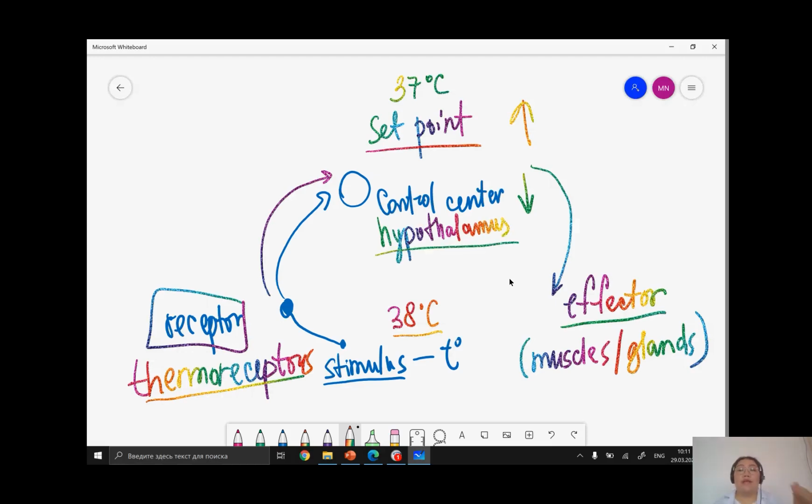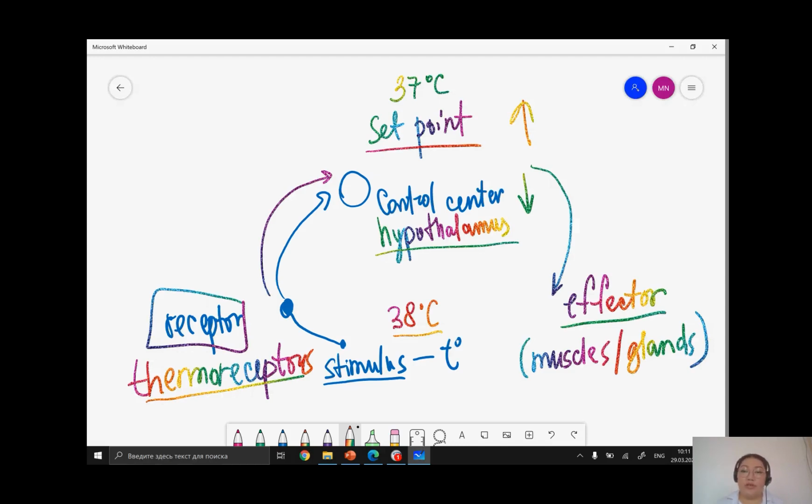It will compare the 38 degrees Celsius with the set point of 37 degrees Celsius. So it means that it's different, and we need to do something, to take this signal and convert it to action, okay? And we send the signal to the effectors. In our particular case, it will be the muscles and glands.